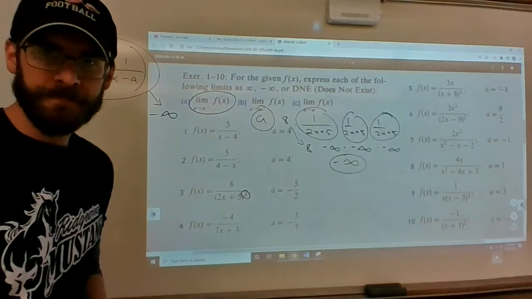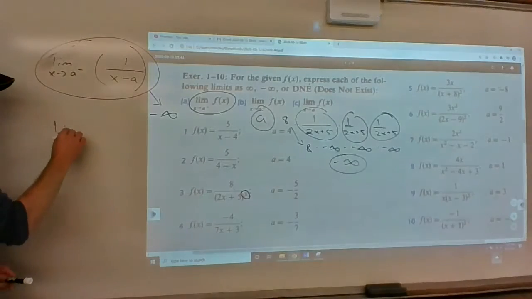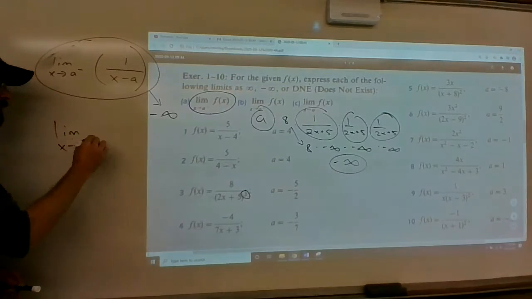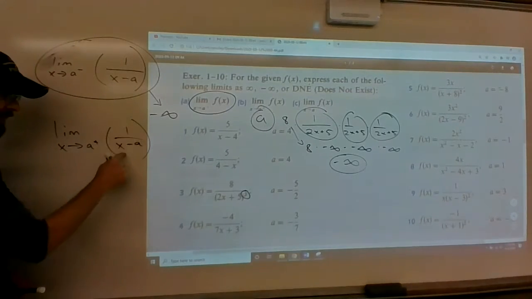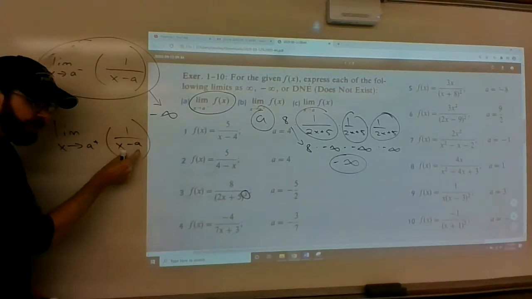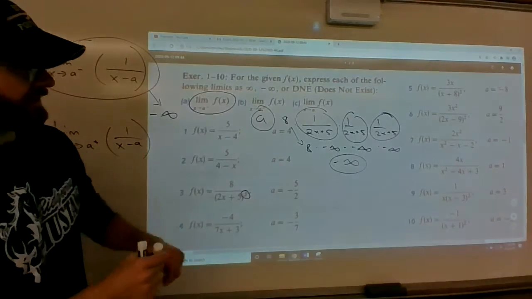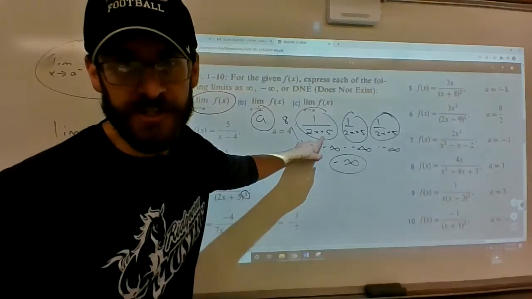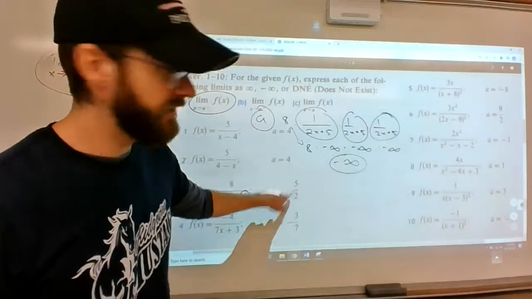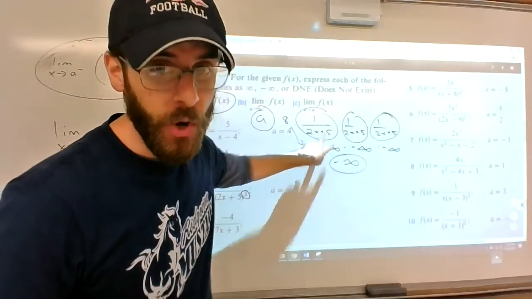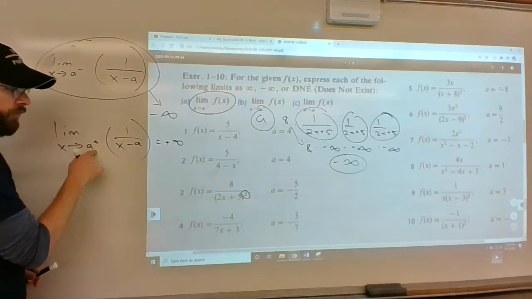All right? That's A. B, from the right, of 1 divided by the variable expression whose 0 is the limit. See, the variable expression was 2x plus 5. You set it equal to 0, and -5/2 is what you get. The variable expression whose 0 is the limit is going to equal +infinity from the right.